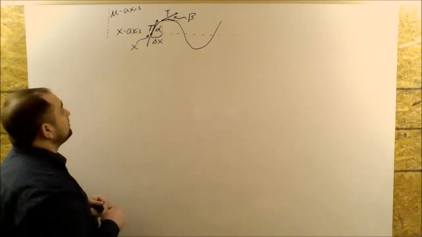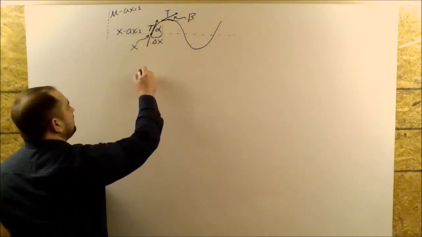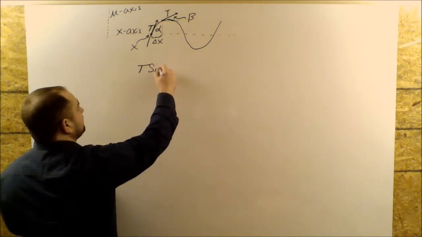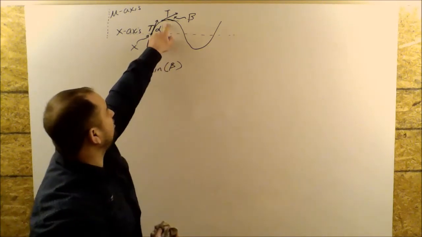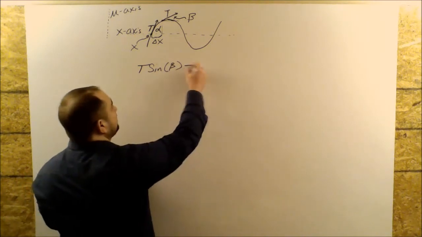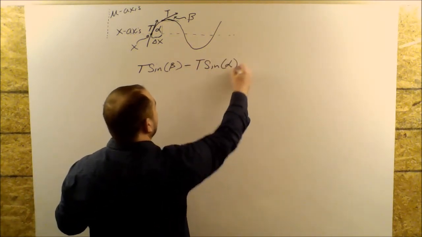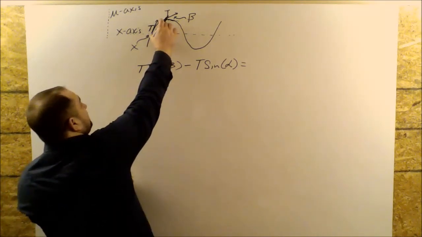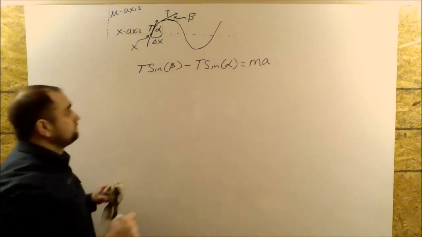And so to do that, I'm going to look up here and see that T sine beta gives me the vertical component of the tension here. And if I subtract T sine alpha, that has to be equal to the mass of this part of the string times its acceleration.